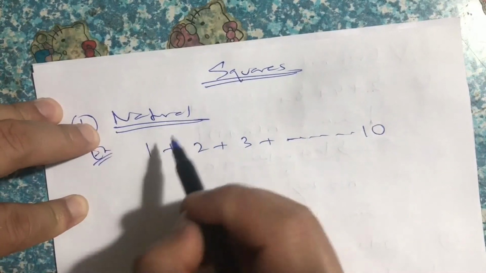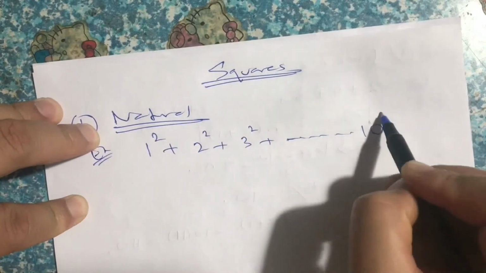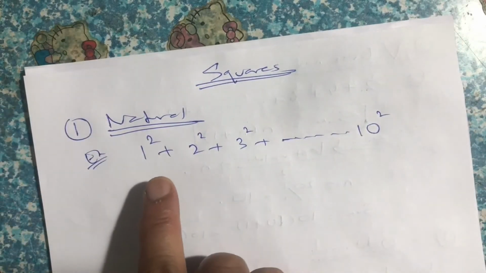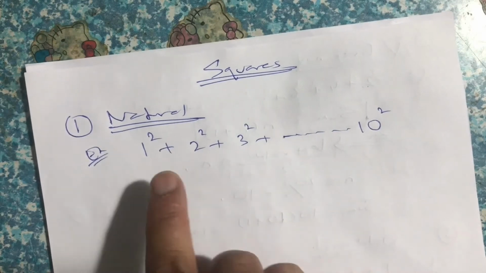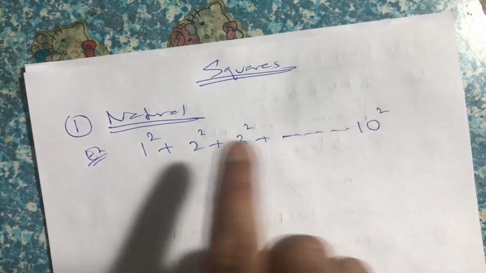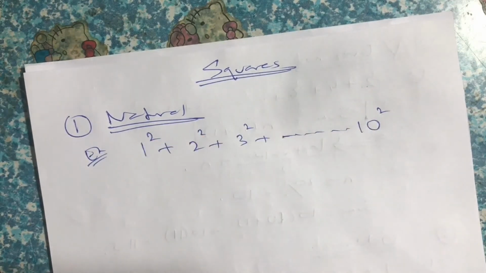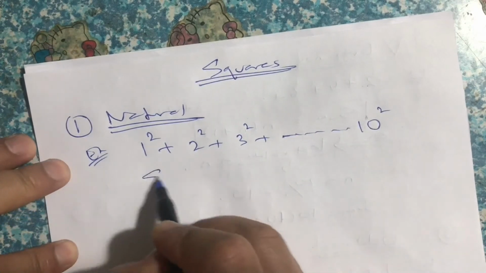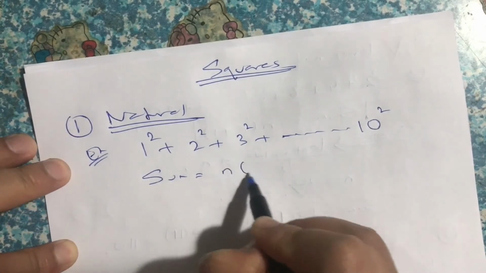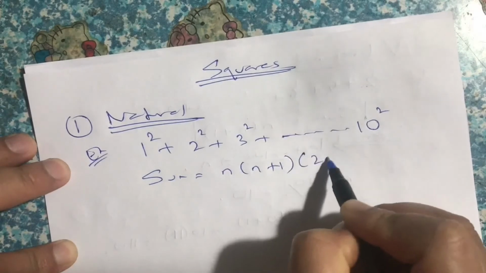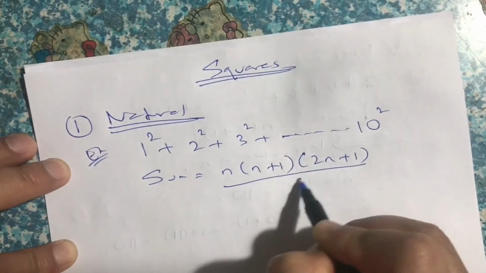But since it's a square, they are asking us to find the sum of the series which has natural numbers, but all squared. So how do I find the sum? The sum formula is n bracket n plus 1 bracket 2n plus 1 divided by 6.